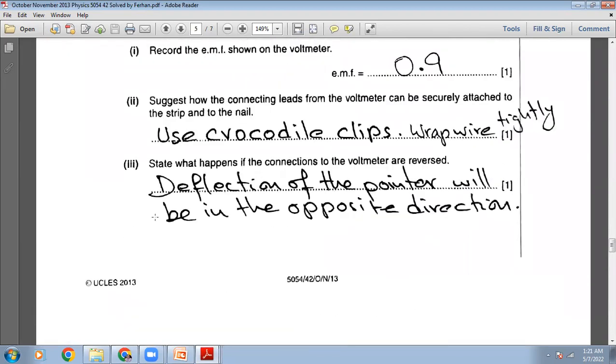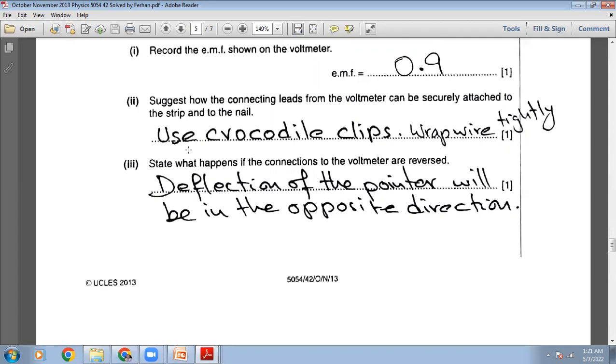Then the question is: suggest how the connecting leads from the voltmeter can be securely attached to the strip and to the nail. To attach them to the strip and the nail, you can use crocodile clips and make sure that the wire is tightly wrapped with the connection of the crocodile clip.